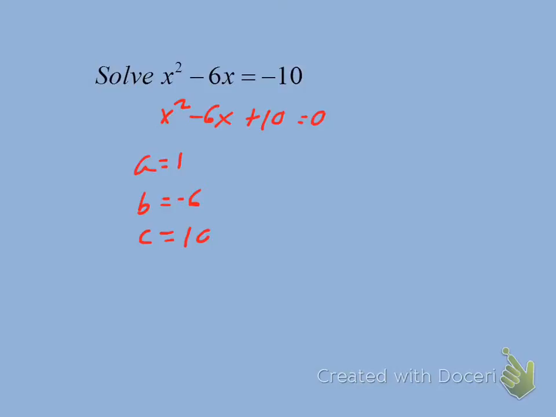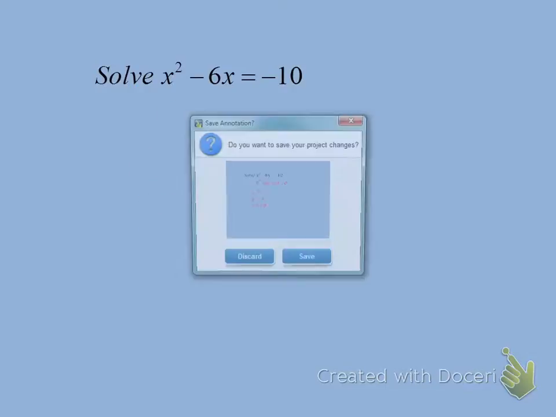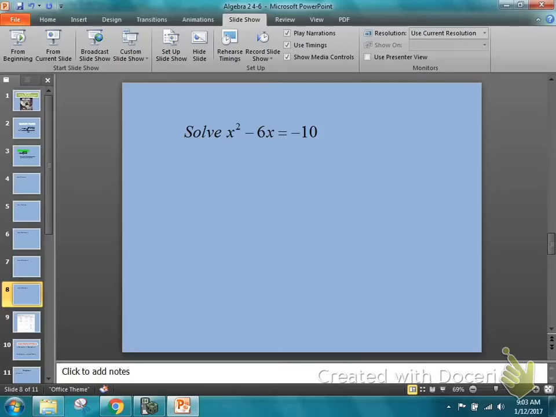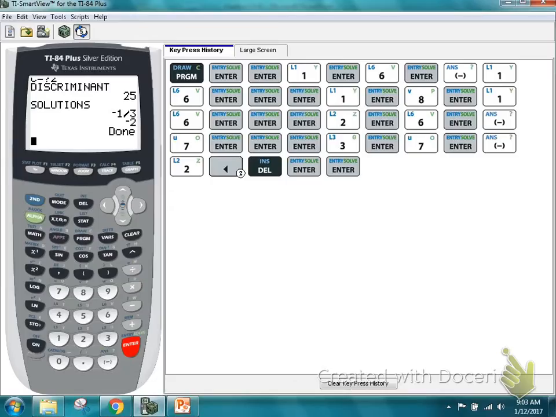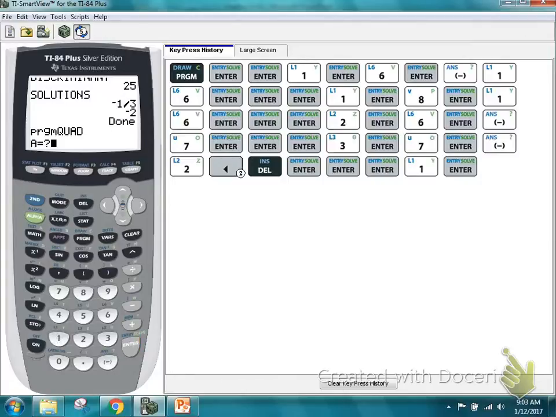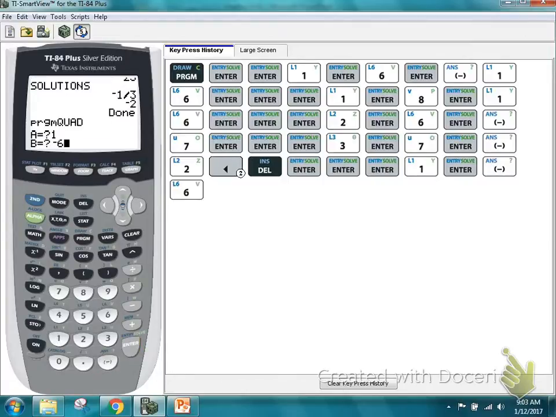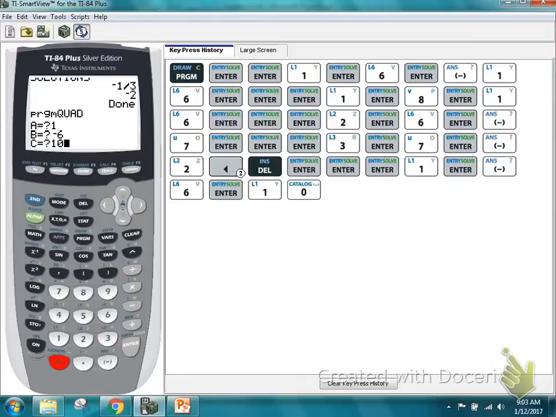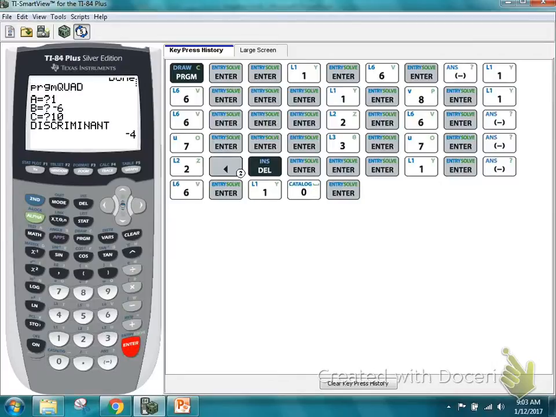C equals 10. All right. Going into the program now. Negative 6, 10. Discriminant's what? Negative 4. Okay, negative 4. Does that raise any red flags to anybody?